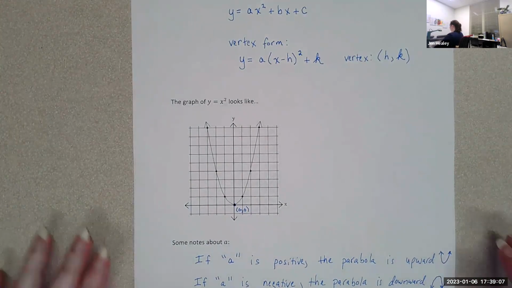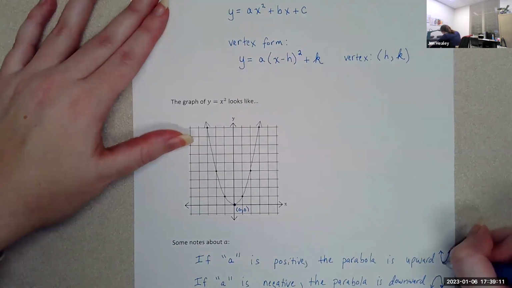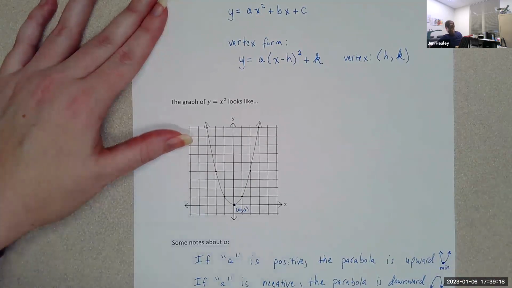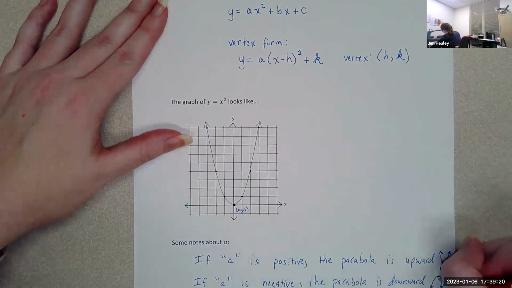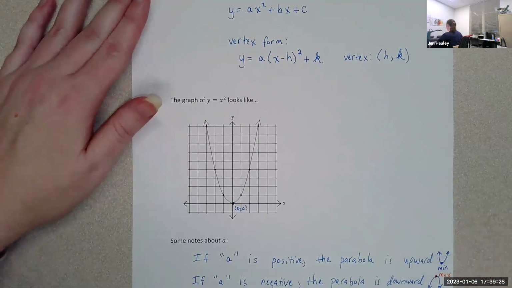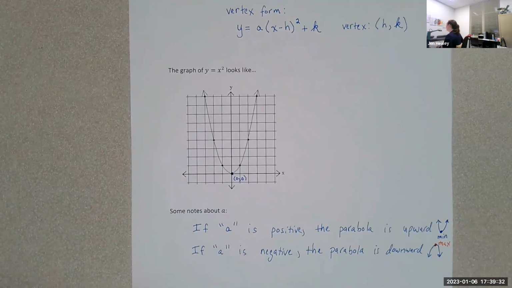And so what's important about vertexes for a parabola is that if it's our lowest point on the parabola, we call it a min or a minimum value. And if it's the highest point, meaning that it's a downward facing parabola, then it's a maximum value or a max. And so the vertex is a very important point for parabolas and comes into play in calculus a lot.